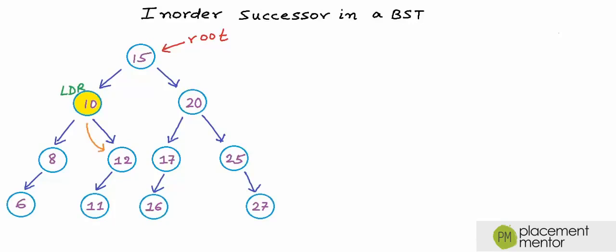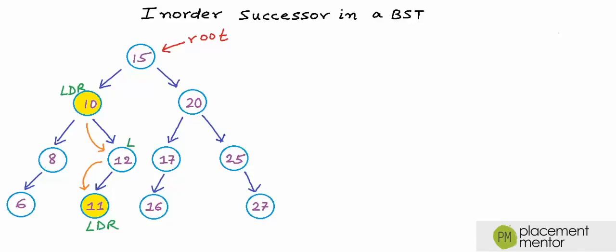Now in the right subtree, we will have to go left as long as it's possible to go. And if we can't go left anymore, like here, there is nothing left of this node with value 11, then this is the node that I'm visiting next. So for our node, if there is a right subtree, then in-order successor would be the leftmost node in its right subtree.